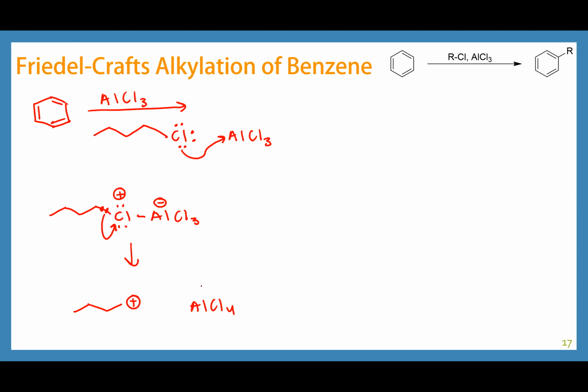Now let's take a look at this carbocation. Is this a good carbocation? No, this is really bad, right? This is a primary one. Marlena actually wrote in what we need to do here. We need to do a hydride shift. We want to take this primary carbocation and make it secondary.